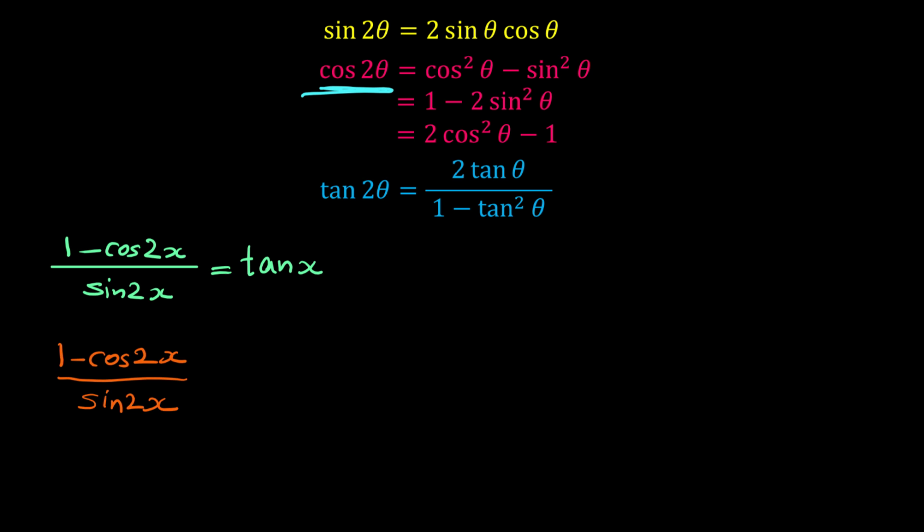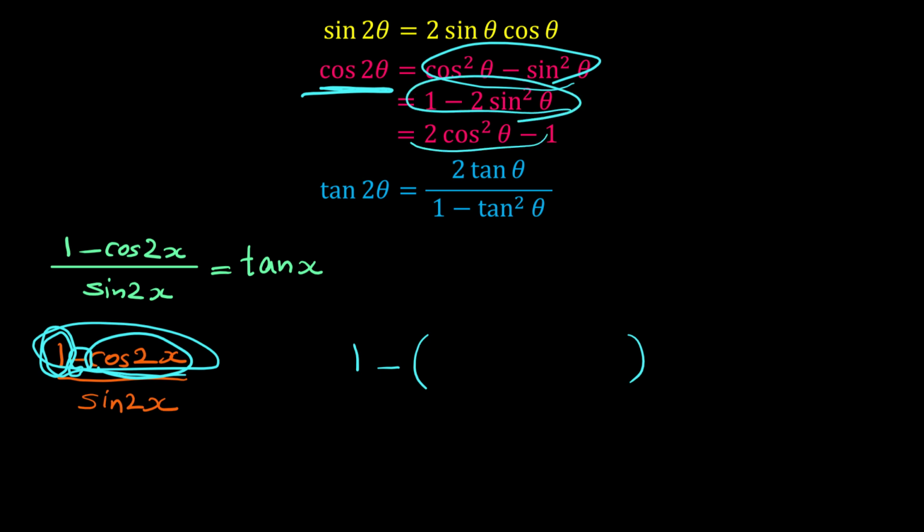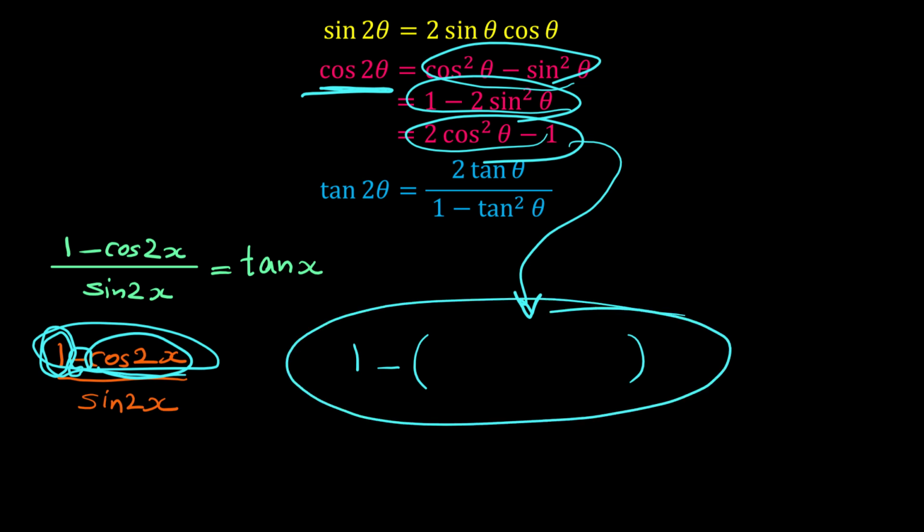For example, here in the numerator, we have a 1, then minus cosine of 2x. So now you have to think which of these expressions is good to substitute for cosine of 2x such that it can help us simplify the numerator better.